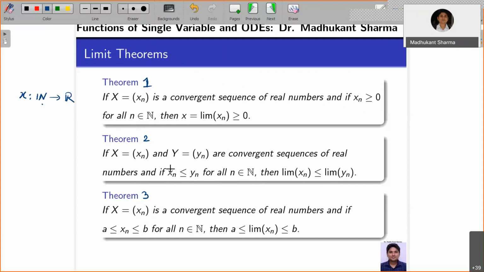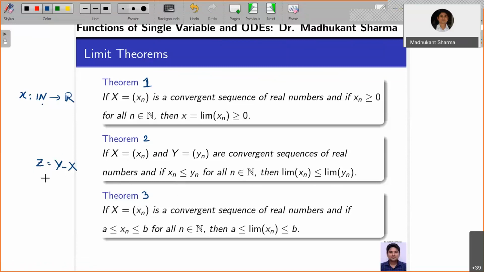To utilize theorem 1, you can define a sequence z by x minus y, or rather y minus x. I have chosen y minus x, and you will certainly come to know why in a few minutes.